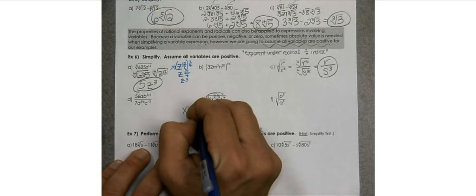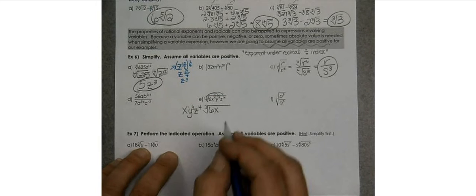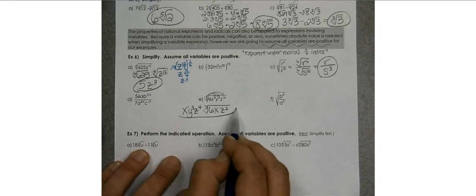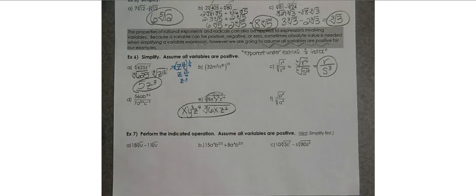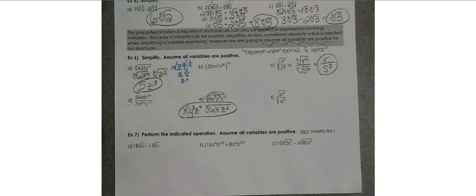So that means that my exponent for z on the outside can be z to the 4th. But there are 2 left over, so those 2 left over go on the inside. And that's how we can simplify. And of course, we don't need that exponent of 1 there. But that's how you can simplify expressions with the radicals with different indices.